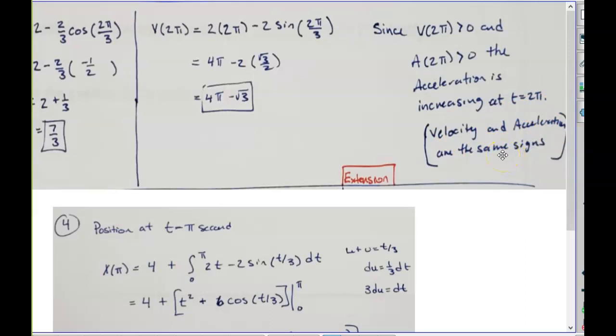So when forces are acting together, we're speeding up, we're going faster, we're increasing. If the velocity was a different sign than the acceleration, those forces are acting upon each other, and that's friction, and that slows things down. Right? So we'll talk about that. That's part of the review today, is just referring to when a function is increasing or decreasing, you have to check the signs of both acceleration and velocity.